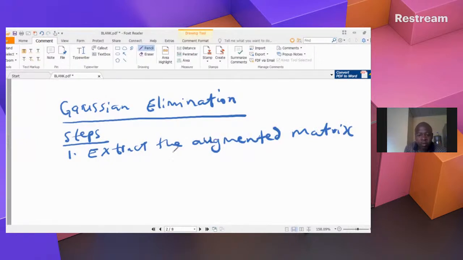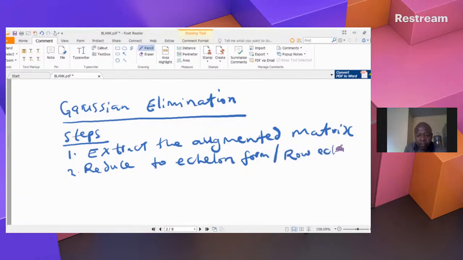Once you've extracted the augmented matrix, the next thing you do is to reduce this augmented matrix to echelon form. We can call this echelon form, or we can say row echelon form. It means the same thing. So you reduce the matrix to row echelon form, and then step 3, solve.